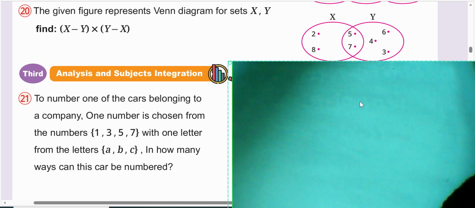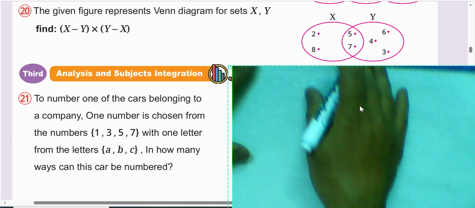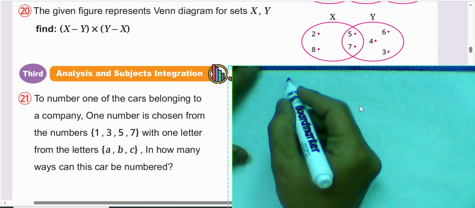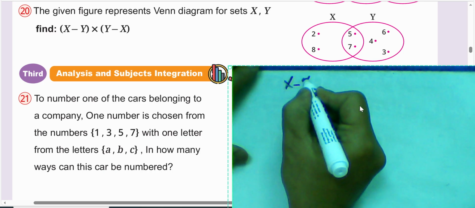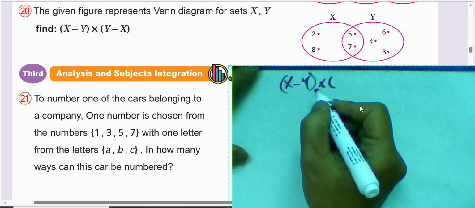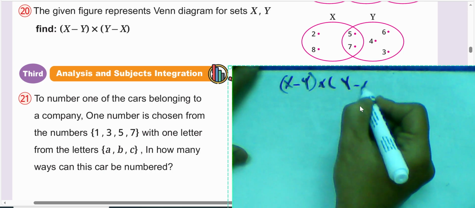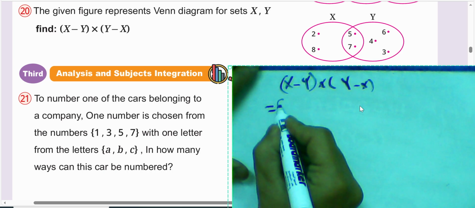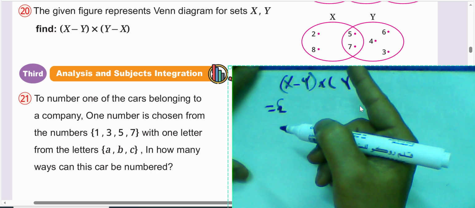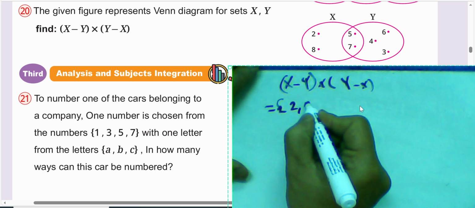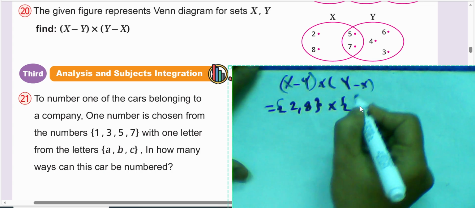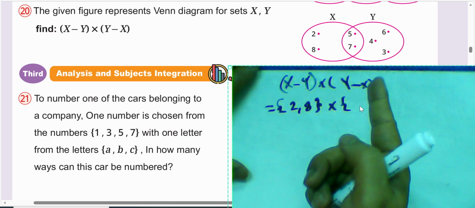Okay, next question number 20. From the Venn diagram we can find x difference y, Cartesian product by y difference x. X difference y, what is the element in x not found in y? We have 2 and 8. And y difference x, what is the element in y not found in x?